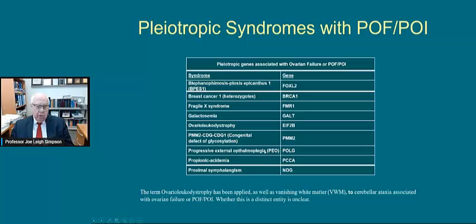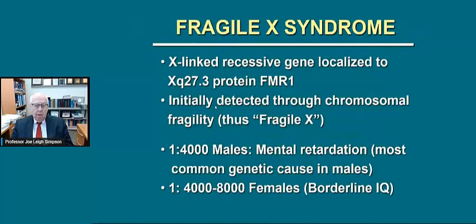This is a condition in which obviously you have the ophthalmological component to it, but you also have ovarian failure. Fragile X syndrome deserves a mention, just as breast cancer 1, BRCA1, in which case you also have POF or POI. So let me simply say a word about this very common condition, and then we will close our discussion.